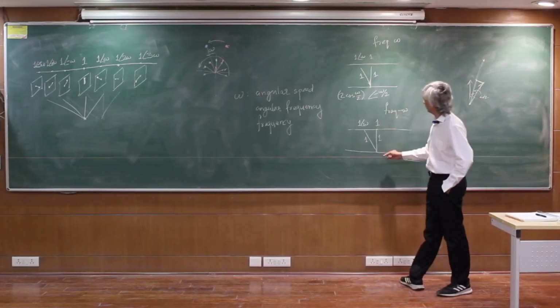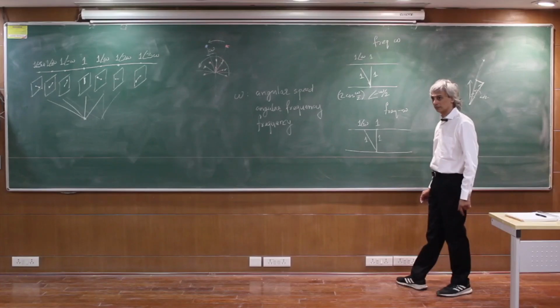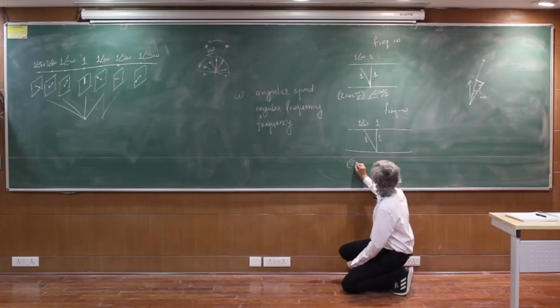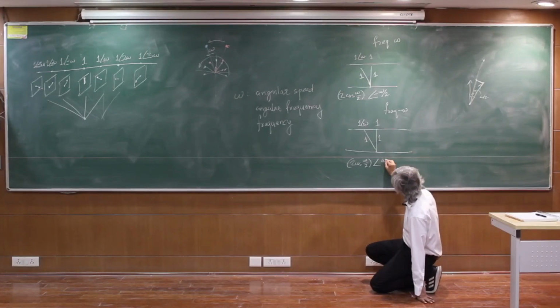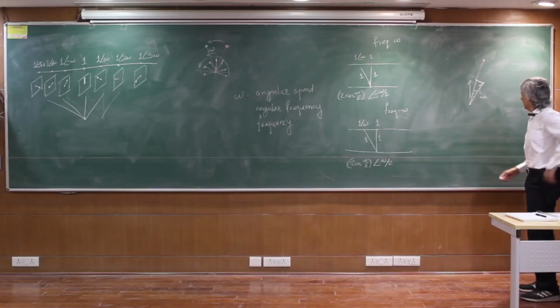What is the amplitude here? Two cos omega by 2 at an angle of omega by 2. Okay? This is very intriguing.